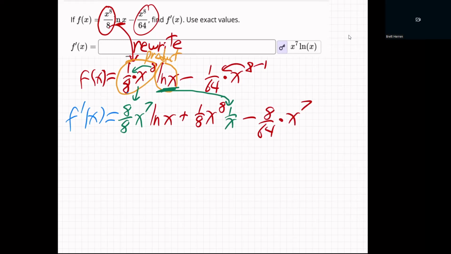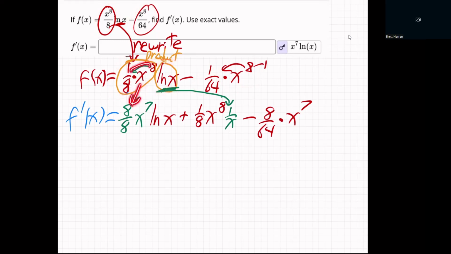There's the derivative. Let me talk you through that again one more time. The first thing I do is I never want fractions that have an x in them. Instead, I make this 1/8 x to the 8th, so the fraction is just numbers. Same thing here, make this 1/64 x to the 8th. Then I can take the derivative of this first part, and I notice it's two functions of x multiplied, so I'm going to use the product rule, which means they take turns.